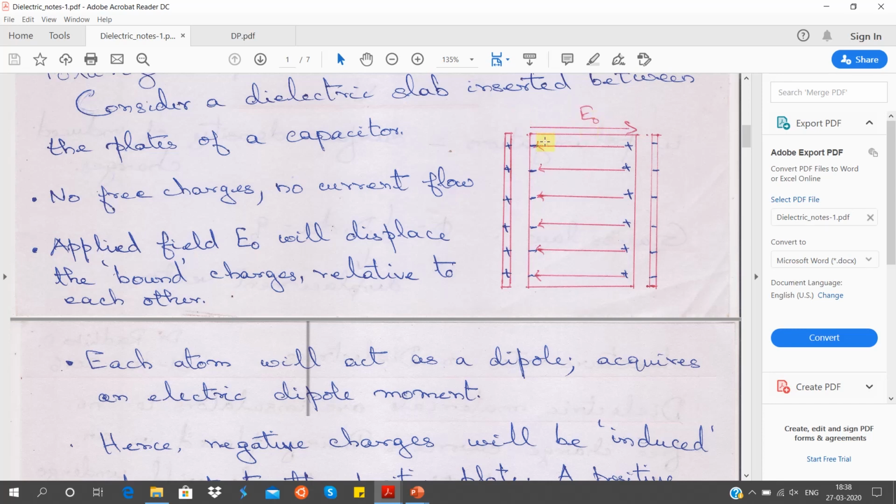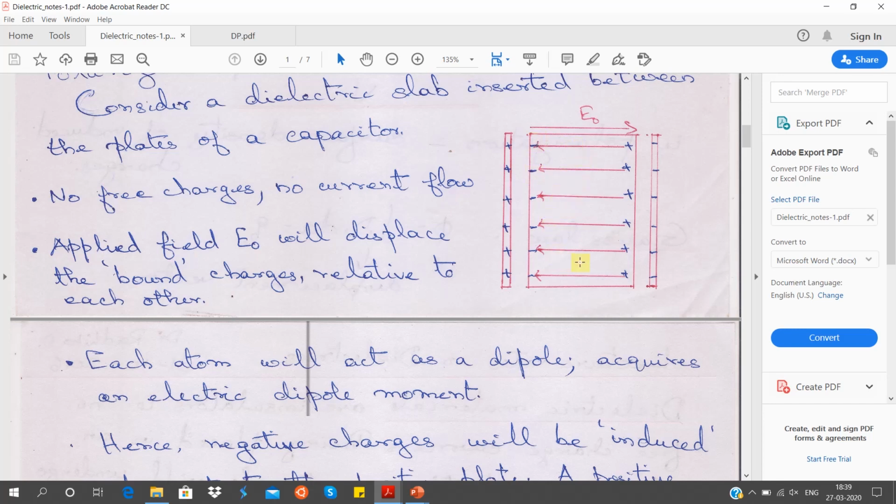Now when I keep this dielectric in between the parallel plates of the capacitor, this electric field, that is, the field due to the free charges, is going to act upon the already existing charges. Because it's an insulating material, you don't have free charges.